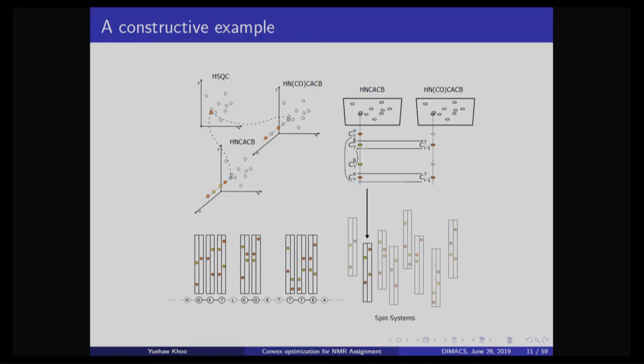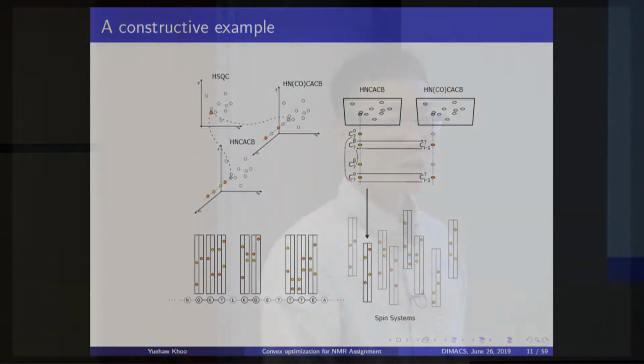Then you just continue this procedure and sequence these strips. Once you sequence these strips, all the atoms will get assigned their frequencies. This is the procedure that people typically do. That's a sequencing procedure, not a structure determination. But once you sequence it, each atom gets assigned its frequencies.